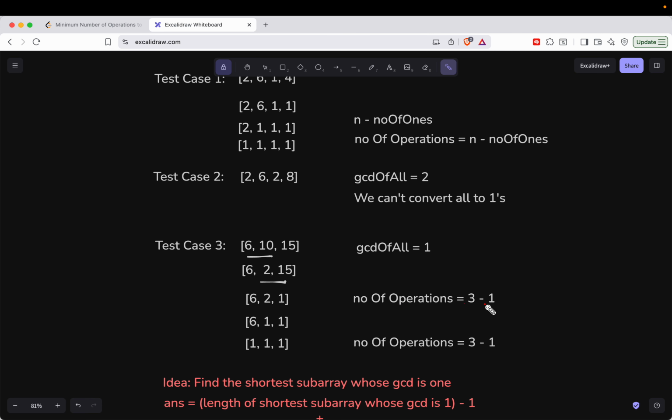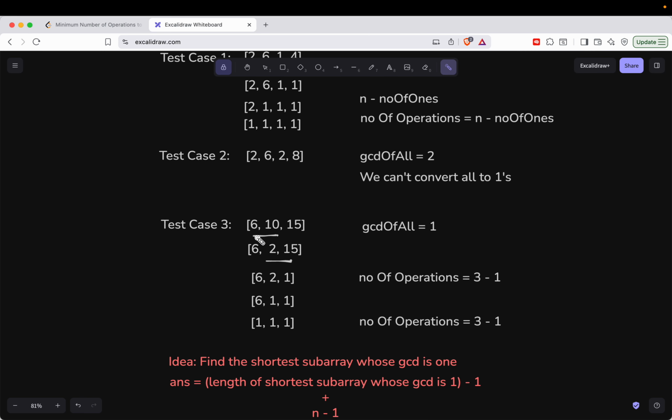If you see this entire subarray, I'm taking the GCD of these two numbers, which is 2, and then with that GCD I'm taking the GCD with the next number. So indirectly I'm finding a subarray whose GCD is actually 1.